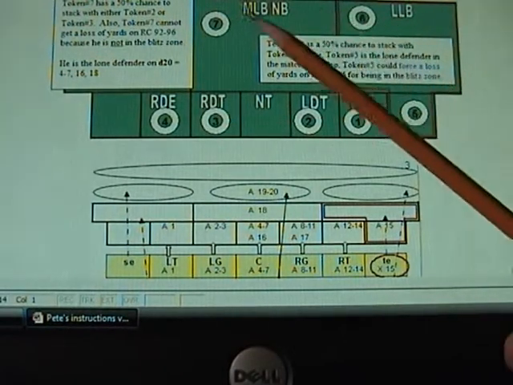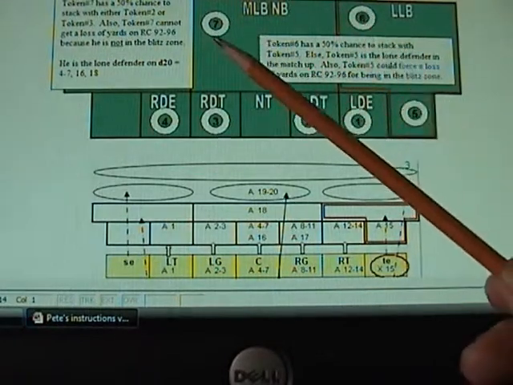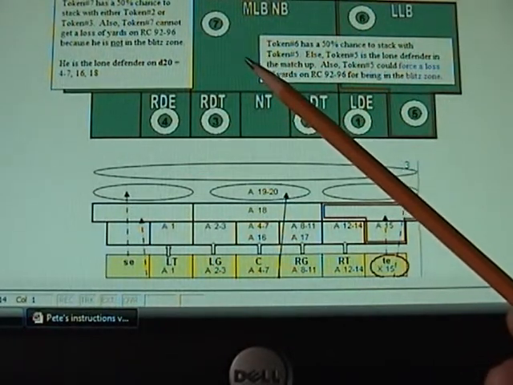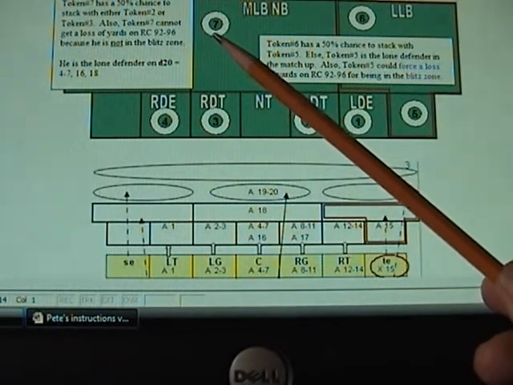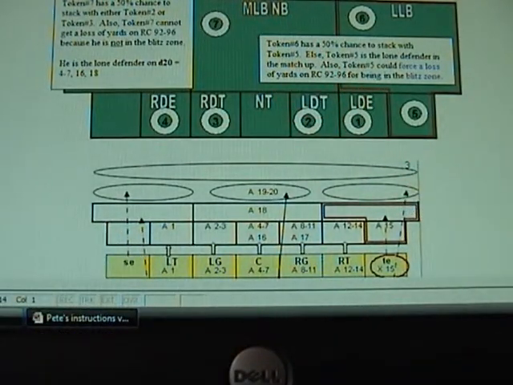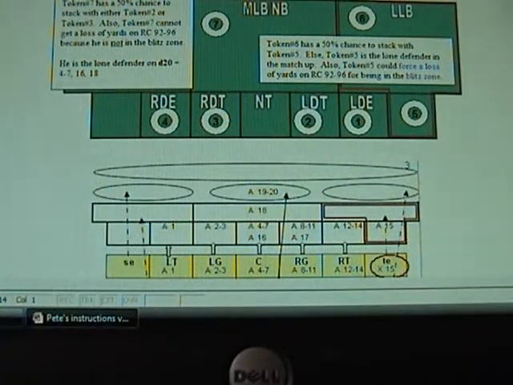And linebackers 6 and 7, who are holding back in their flat zones under read and react, would have those result codes 92 through 96 turn out to be positive yardage. That's basically it for blitzing, stacking, and read and react defense. And as you can see, linebackers in these zones are some powerful weapons.